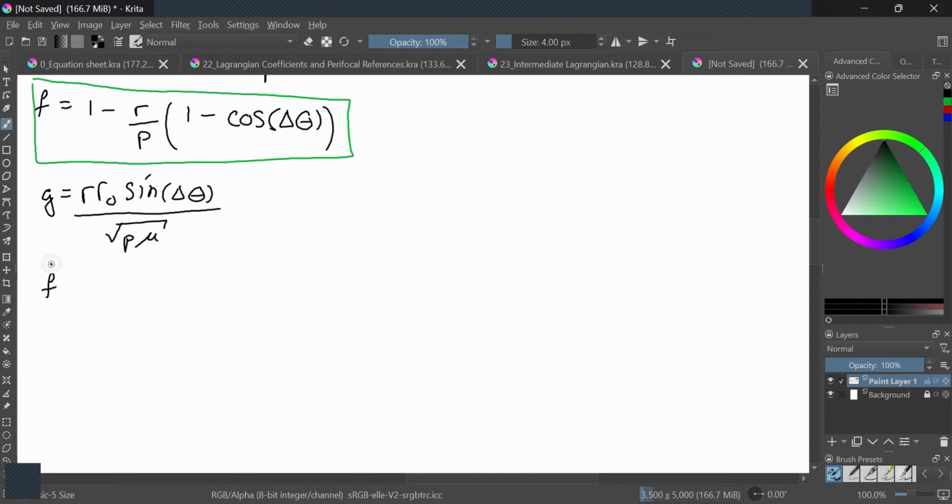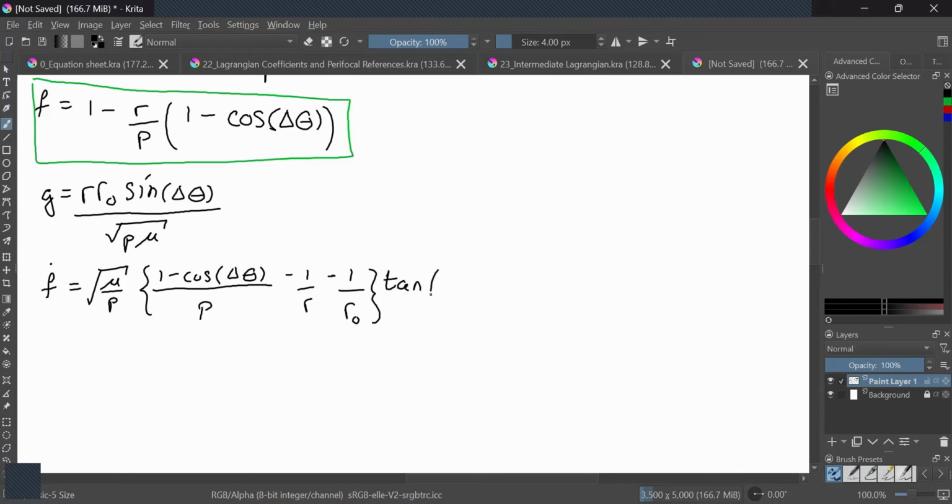We have F dot is equal to the square root of mu over P times the quantity of 1 minus cosine of delta theta over P minus 1 over R minus 1 over R naught, times the tangent of delta theta over 2.